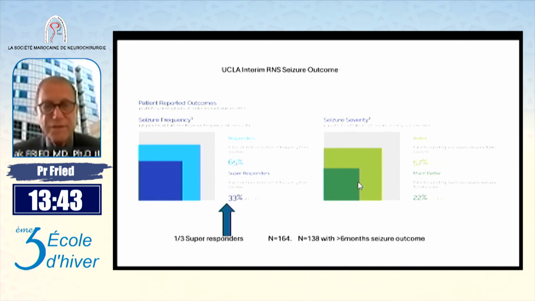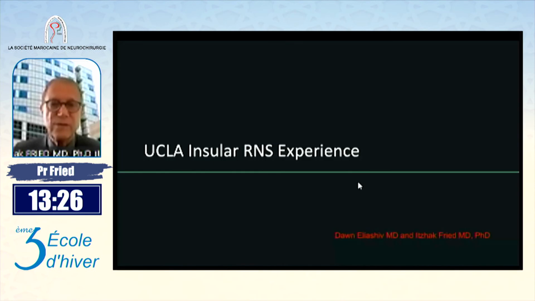But about a third are super responders, meaning that they've got a 90% improvement. And we're still learning. I think we will probably get even better with that and identify long-term results.